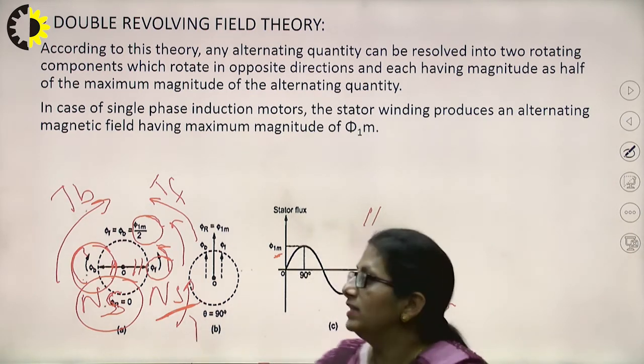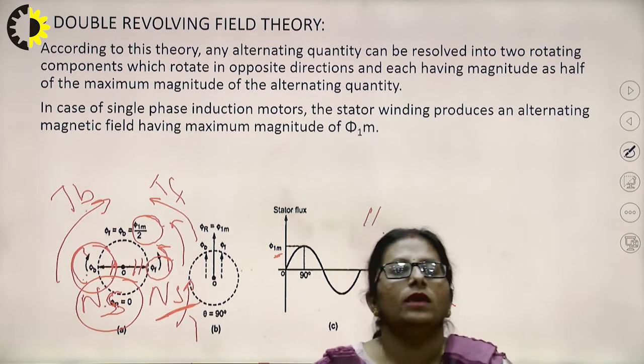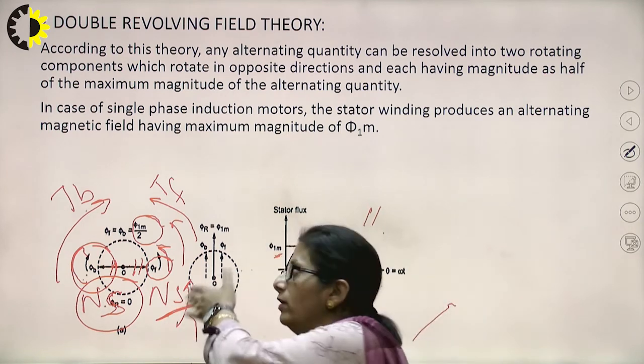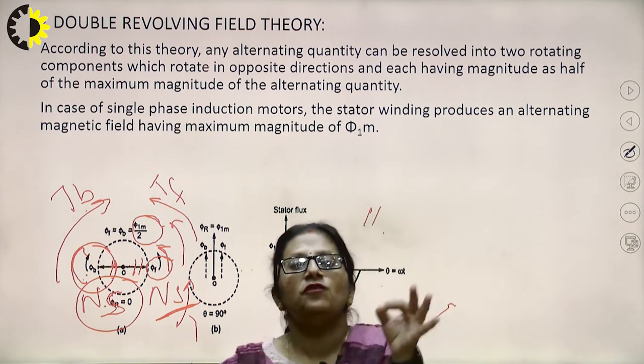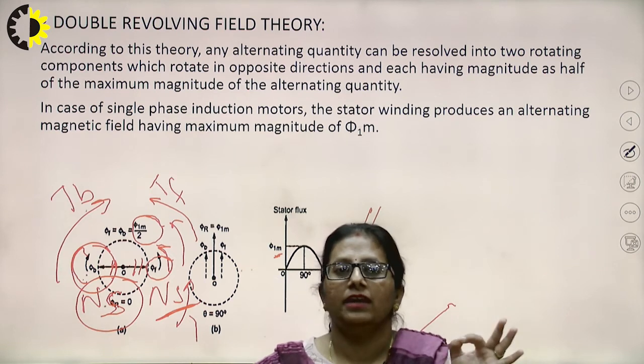That's why at the very starting position, the motor will not be able to start in any direction, not in the backward, not in the forward.